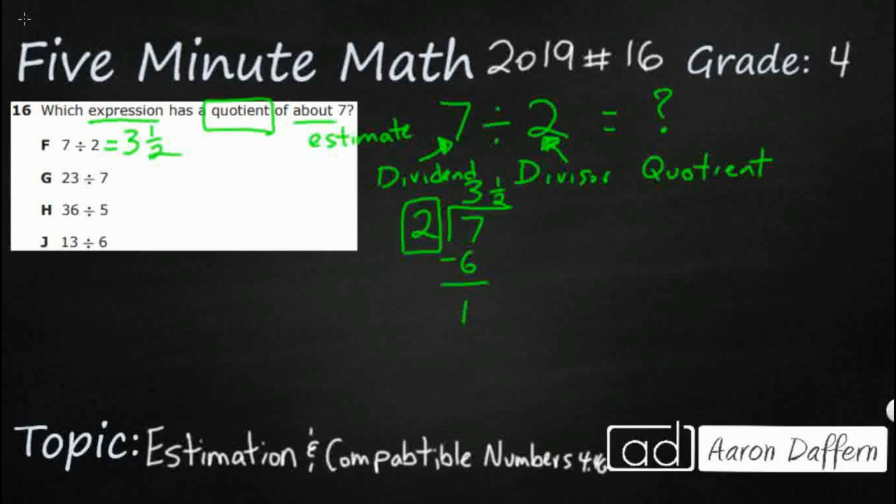Let's try 23 divided by 7. So 7 is going to be my divisor, and 23 is going to be my dividend. So 7 goes into 23. Let's see, that's 3 times. 3 times 7 is 21. Let's bring that 2 down.